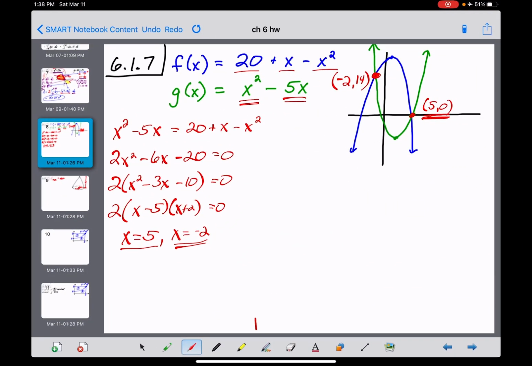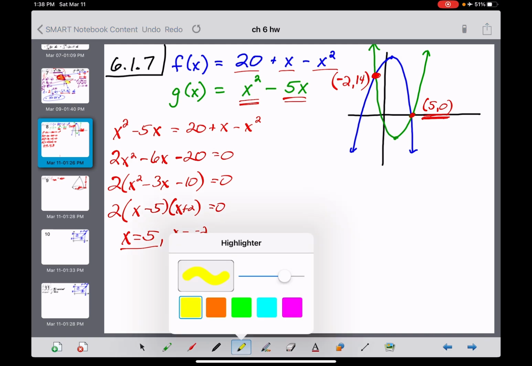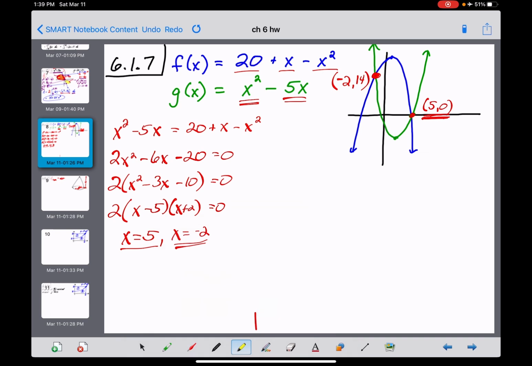Okay, so we've got those 2 points of intersection, and we now see the region that we're trying to find the area of, between these two curves right over here. The first thing we need to do with any area problem is decide whether we are going to integrate with respect to x or with respect to y.